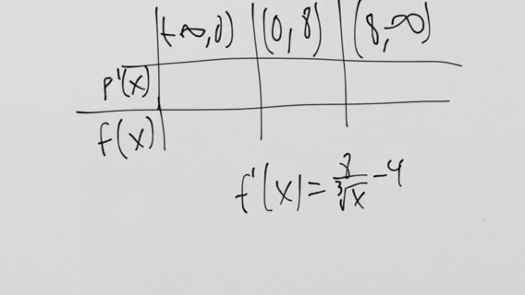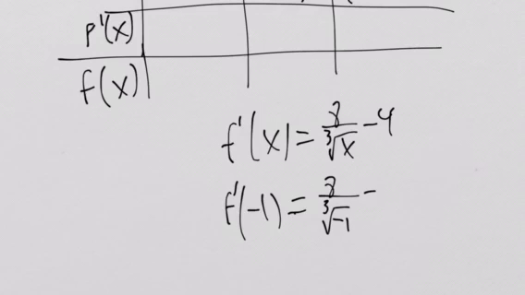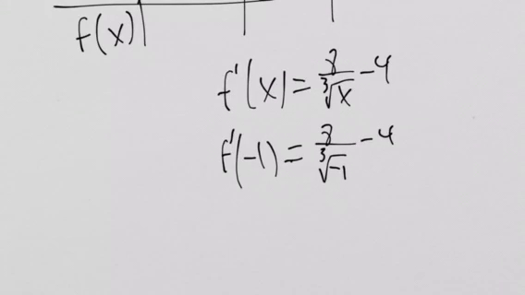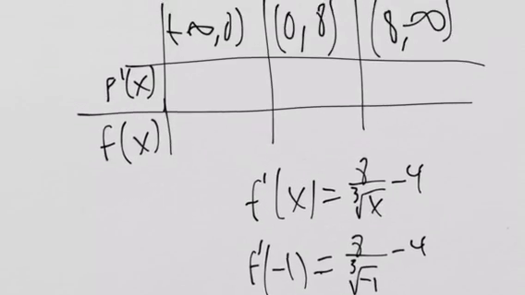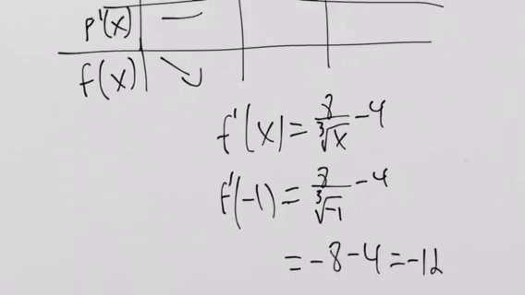To determine what this sign starts as, we should plug in a number on this interval. So let's use negative 1, an easy number that's close to 0. So f prime negative 1 equals 8 over the cube root of negative 1 minus 4. That's 8 divided by negative 1, which is negative 8, minus 4, which is negative 12. So the derivative starts as being negative, which means f starts by decreasing.